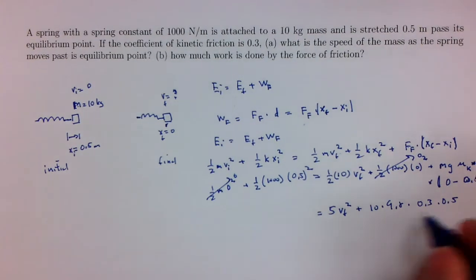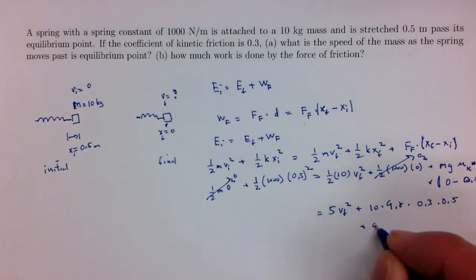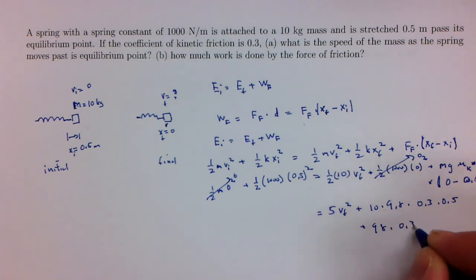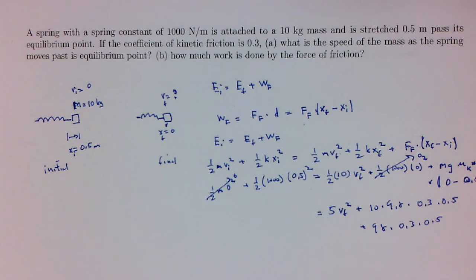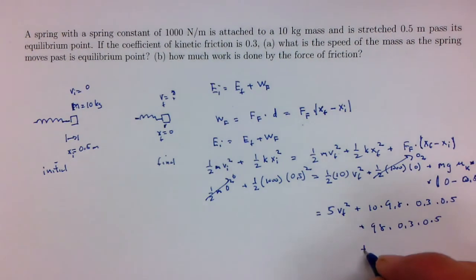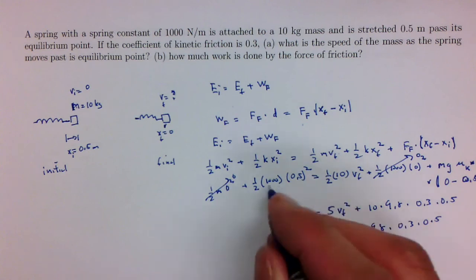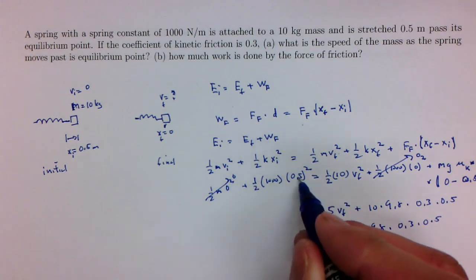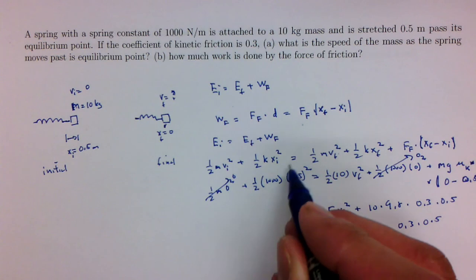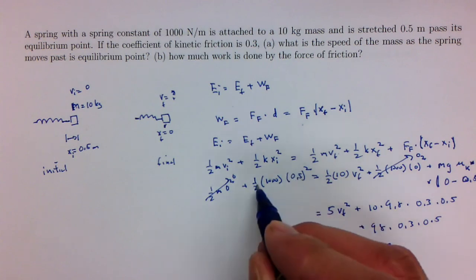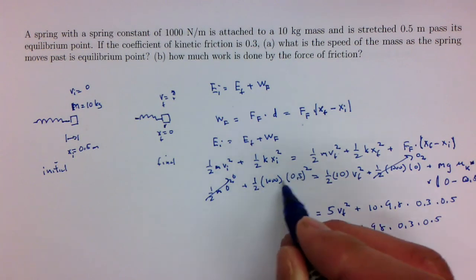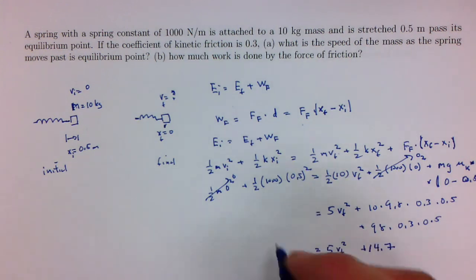When we work this out, this is 98 times 0.3 times 0.5, which turns out to be about 14.7. And this entire thing, plus 5 v_f squared, is equal to 1/2 times 1,000 times 0.5 squared. This is a quarter, and a quarter times 1/2 is 0.125, times 1,000 is 125.